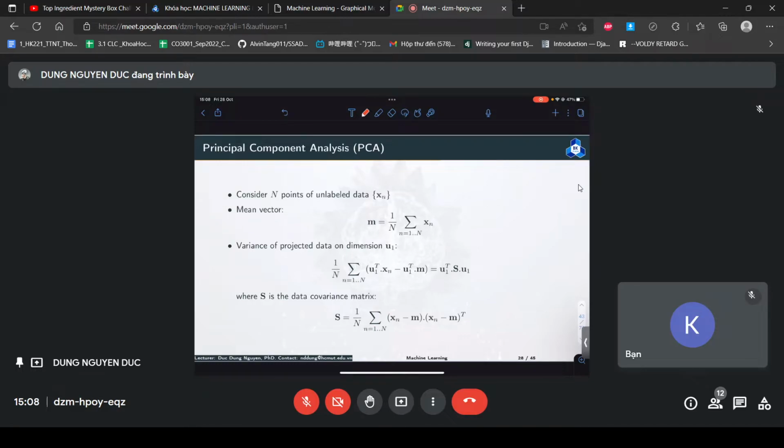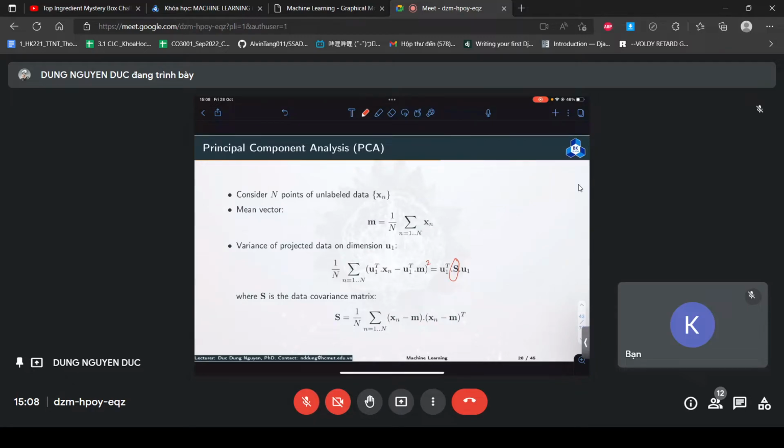U^T x_n subtract U^T mean, that is the variance, right? And given some sort of formula, you can easily take out the covariance matrix S over there, and the covariance matrix turns out to be (x_n - m) multiplied by (x_n - m) transpose.